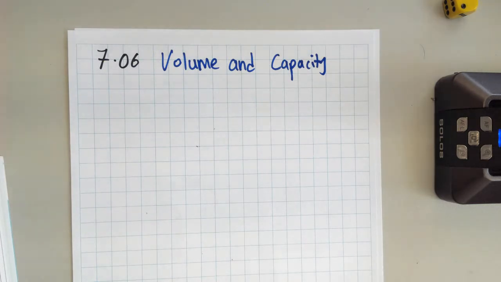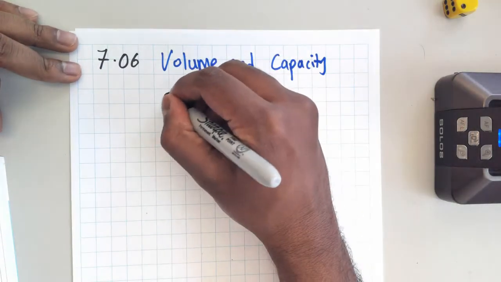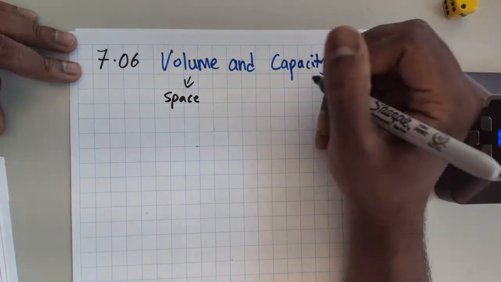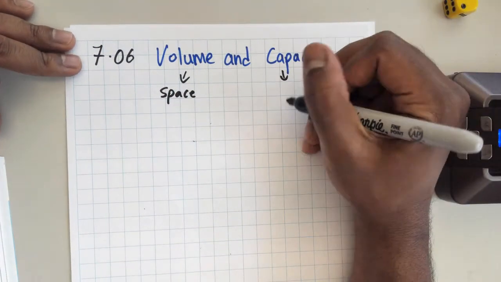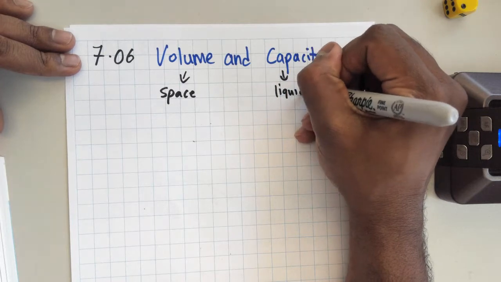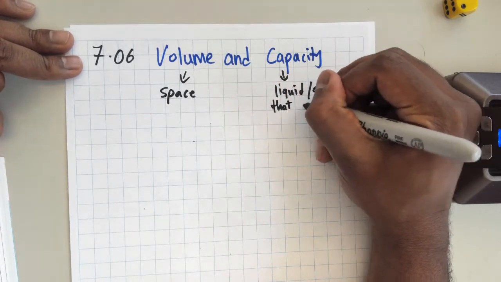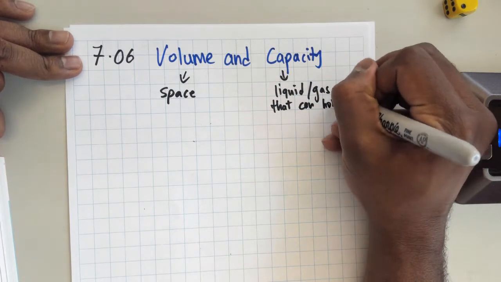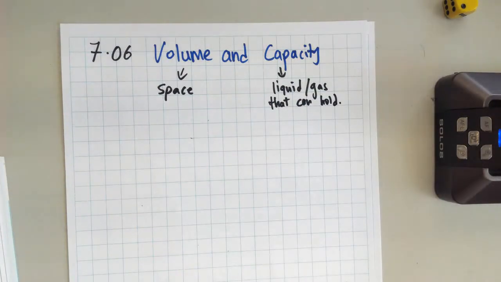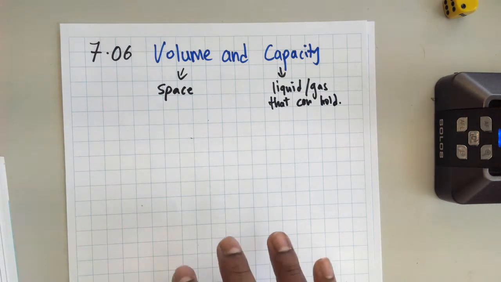So, volume, we're talking about space, and capacity, we talk about either liquid or gas that it can hold. Now, very similar, but very different. Also, the units are quite different.